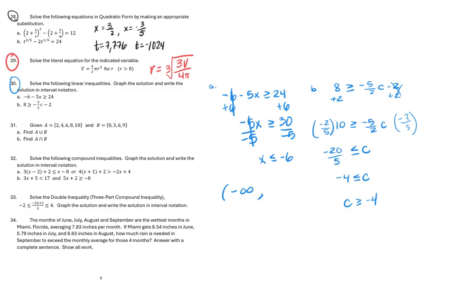But for this -6 side, I am going to want a bracket because I'm allowing it to equal -6. Now on this right side here, I have c greater than -4. So on my left-hand side, the most it can be is -4, so it's equal to. If it was greater than just 4, I would have a parentheses 4. And then anything greater than that, I can go to infinity, and it has no bound on it, so we're going to give that a parentheses.